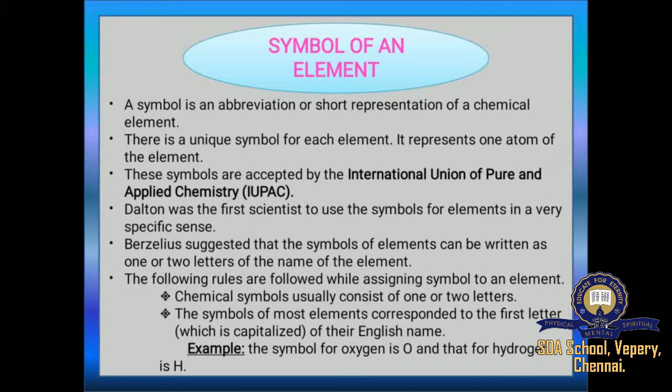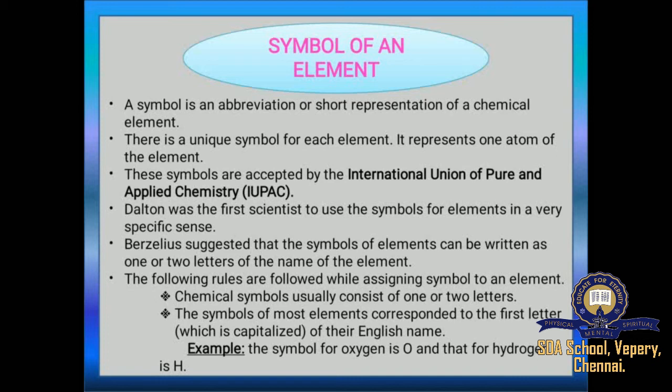The symbols of most elements correspond to the first letter, which is capitalized, of their English name. For example, the symbol for oxygen is capital O and for hydrogen is capital H. The first letter should be capitalized and the second letter can be a small letter.